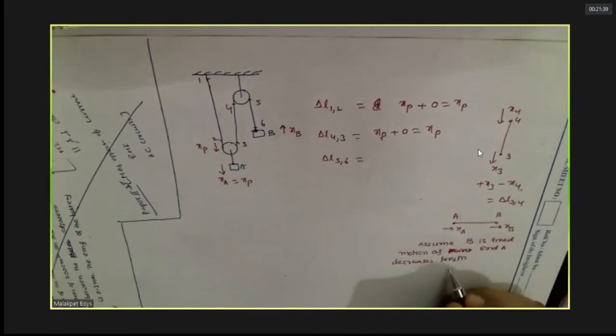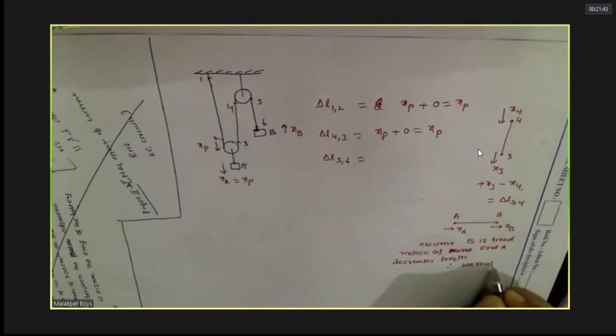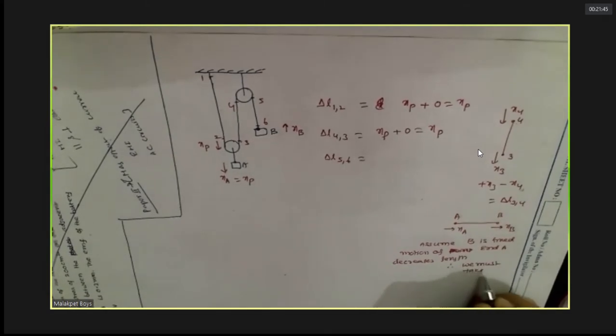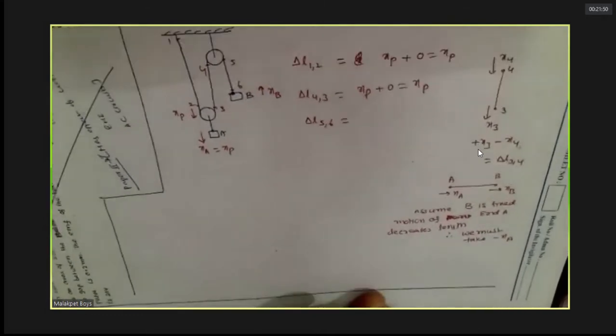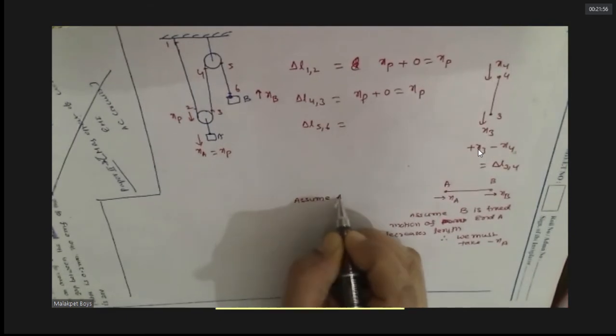So we must take minus XA. What we should do, assume A is fixed.